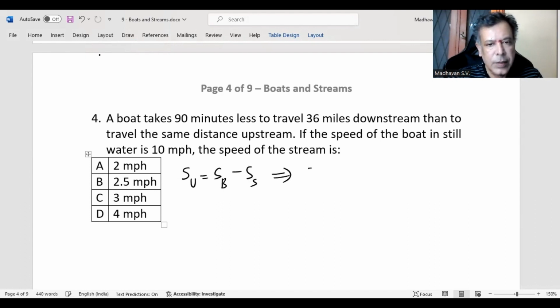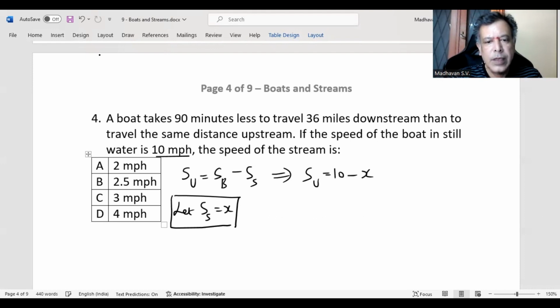That means speed upstream will be, if the speed of the boat is 10 miles per hour, 10 minus the speed of the stream, which we are going to consider as x. Let s suffix s equal to x. On that basis, we wrote that. Then speed downstream will be speed of the boat plus speed of the stream, which is 10 plus x.